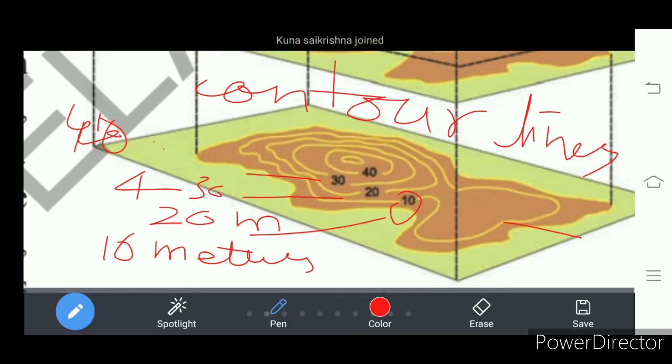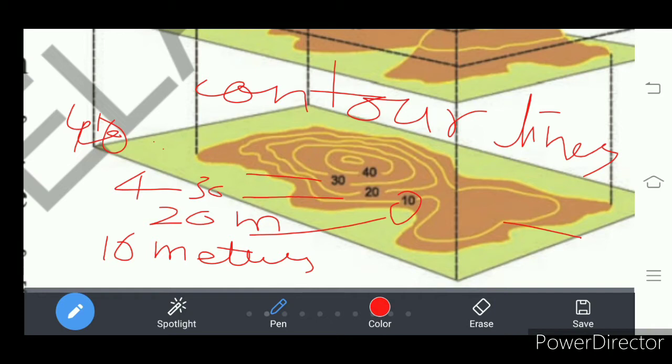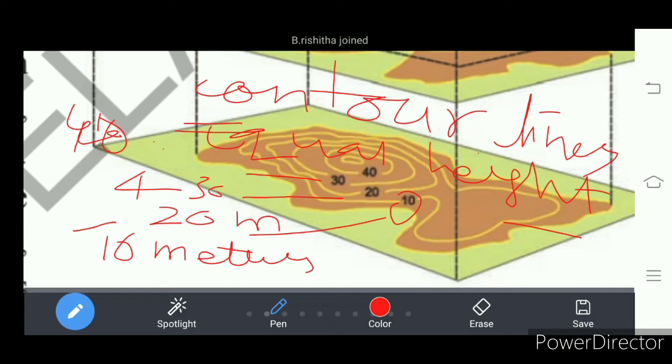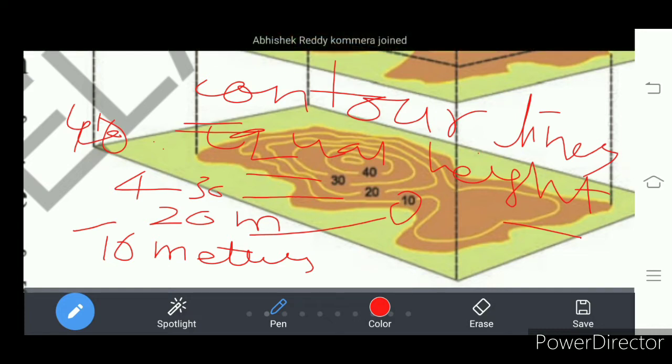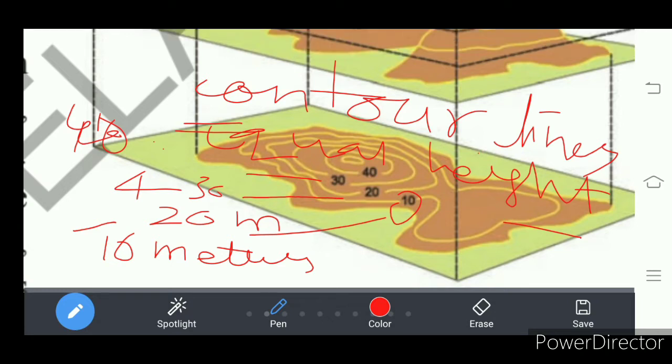What is meant by contour line? A line showing the places which are at equal height. Understand? So the places which are at 10 meters height are connected with a line, that is one contour line. Number 20 is there.